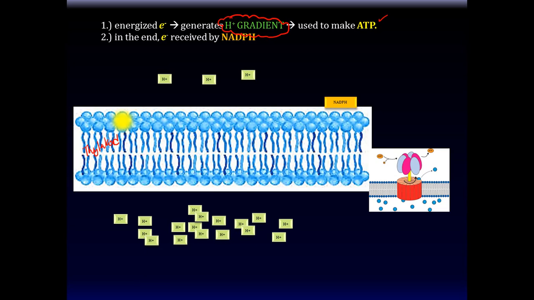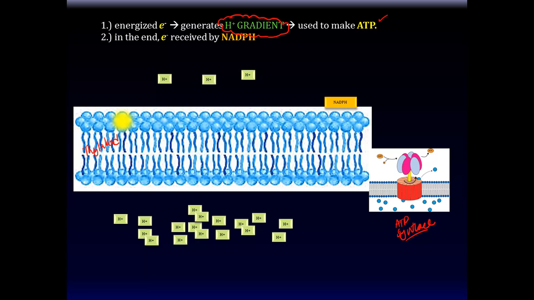So why is the electron such a good candidate for making a gradient? Well, the electron is negative, it attracts positively charged things, right? So this high energy electron, which likes to move around, is used to create this gradient, and this gradient is used to make ATP. How? By this protein which is embedded in here. This protein is the ATP synthase.